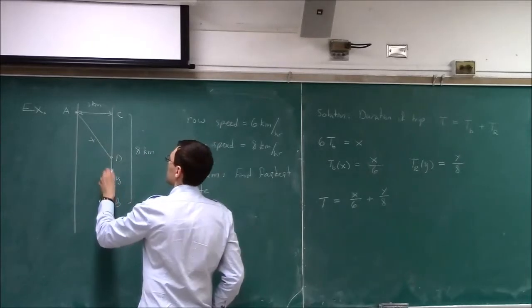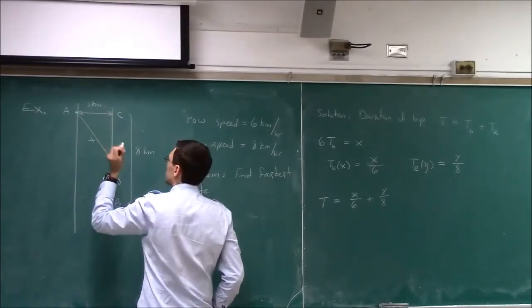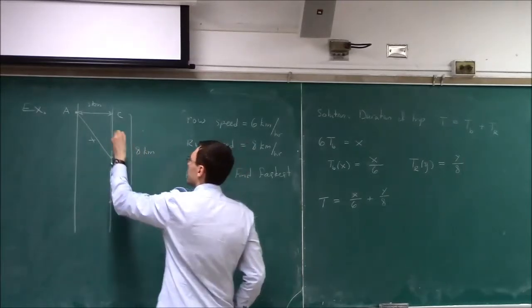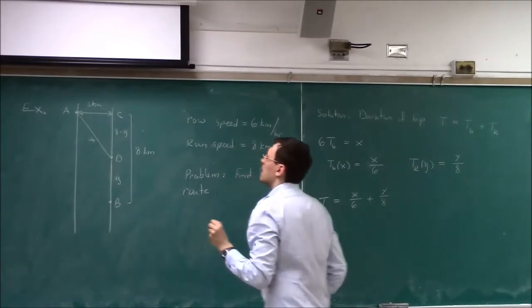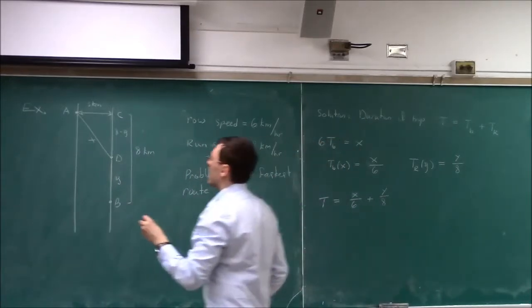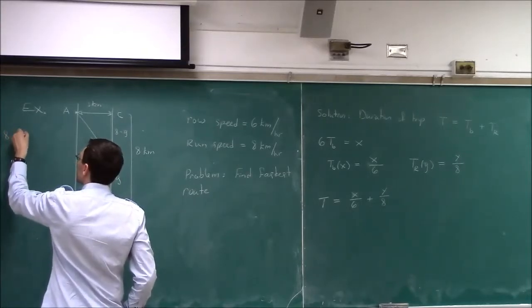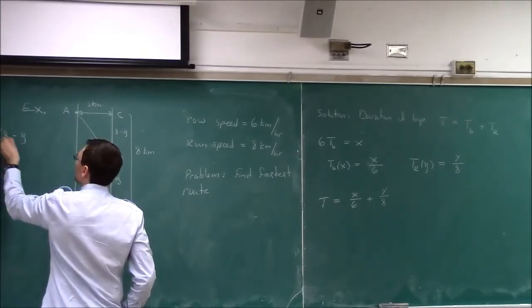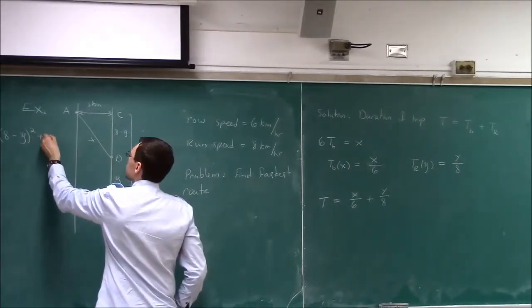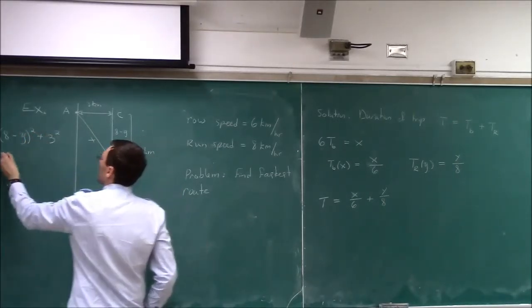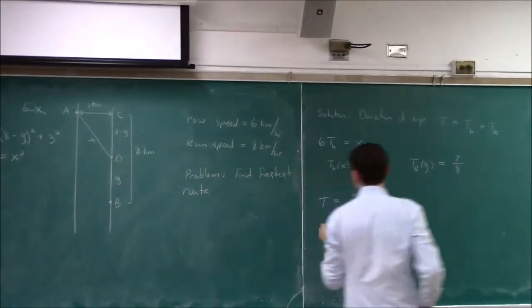So if this is y, then this leg of the journey is 8 minus y. And we observe the relationship here that (8 minus y) squared plus 3 squared is equal to x squared. So let's put everything in terms of y.